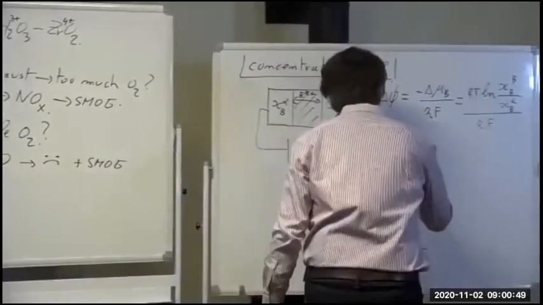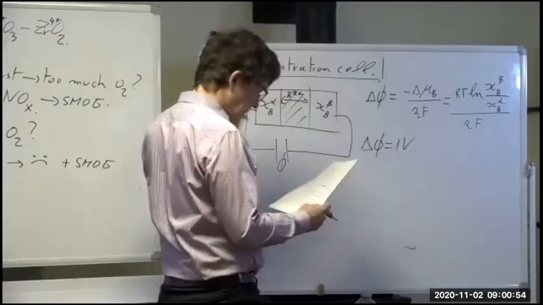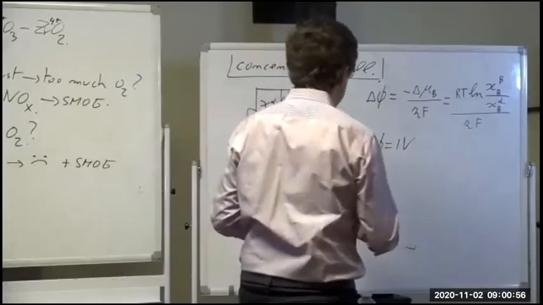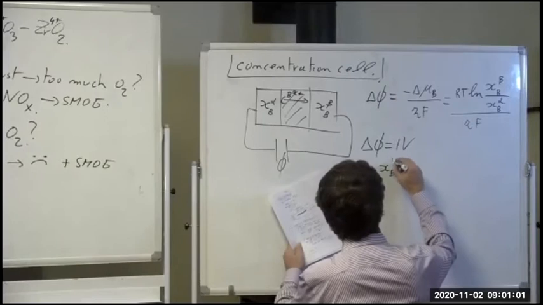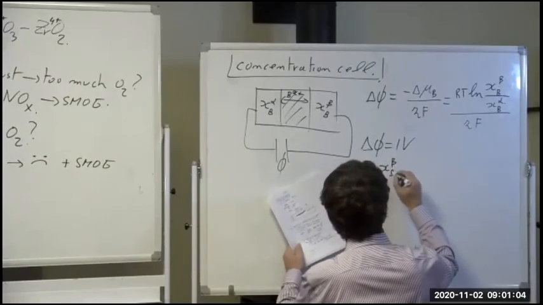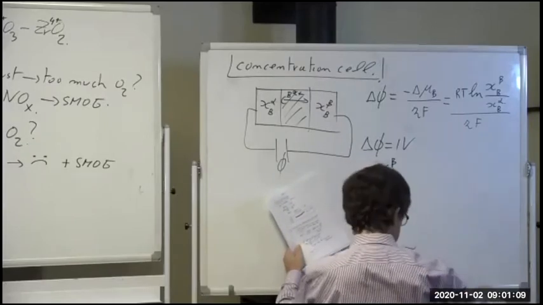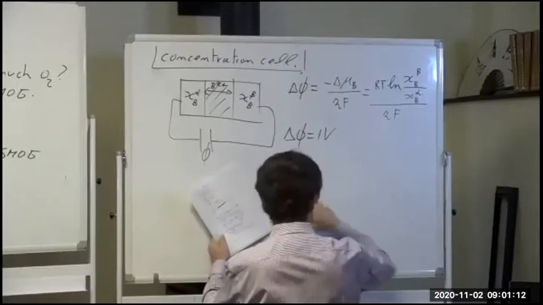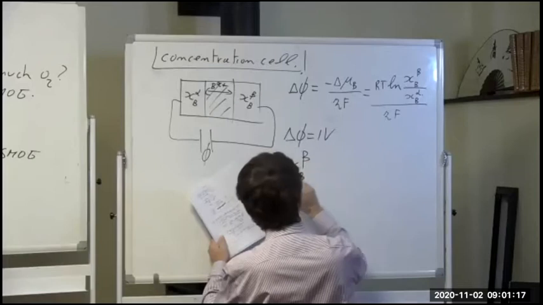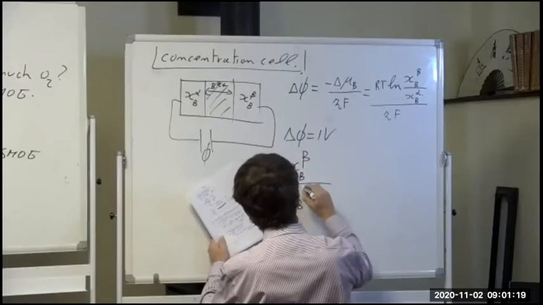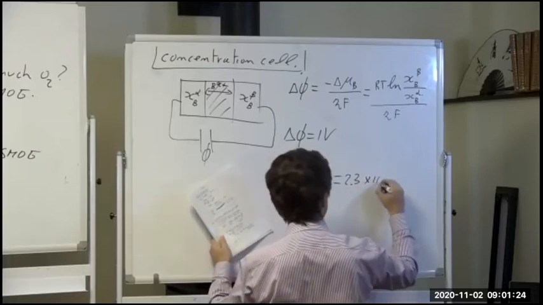So if I set up a potential difference of 1 volt, then what you find is that X_B in beta divided by X_B in alpha, this ratio is 2.3 times 10 to the 17th.